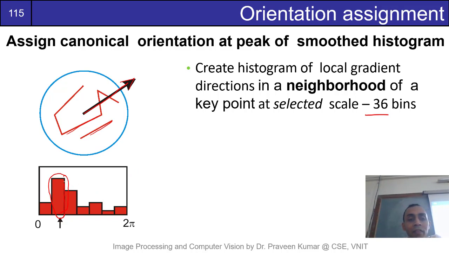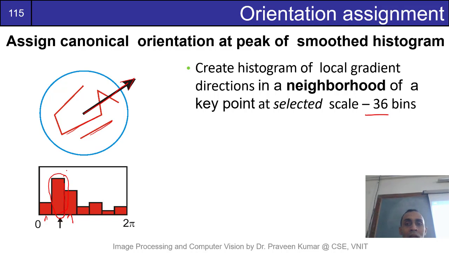The other thing is that even if there are other bins which are almost 80% of the max bin, they will create that many descriptors. So if there are, let us say, three angles which are equal to the max or at least 80% of the max, then they will create three separate descriptors with respect to those directions.